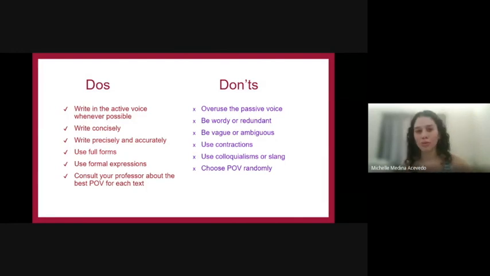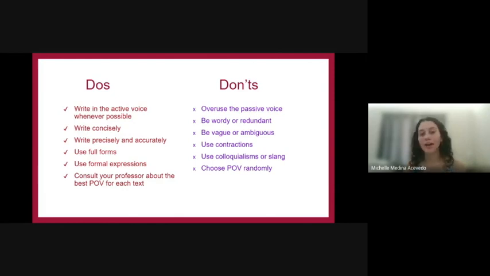Use full forms, so avoid contractions, always. Use formal expressions, so don't go using idioms or slang. And always consult your professor about the best point of view of each text. If the professor doesn't say, or if the professor tells you you can write in whatever point of view that you want, preferably use the third person.